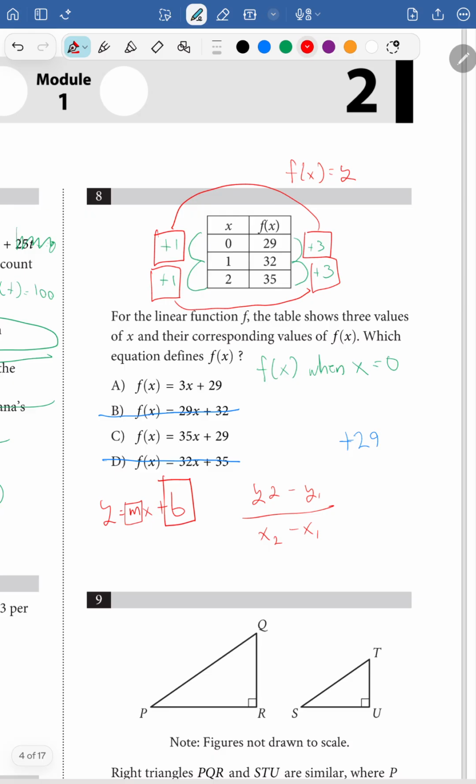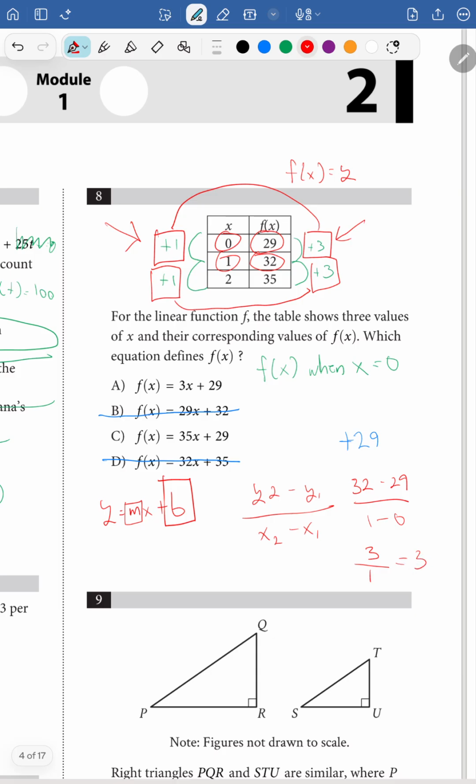So we could use this as y2 and y1, x2 and x1. So 32 minus 29 over 1 minus 0. 32 minus 29, like we have said before, is 3. And then 1 minus 0 is 1. So 3 over 1 is 3. That gets us our slope.